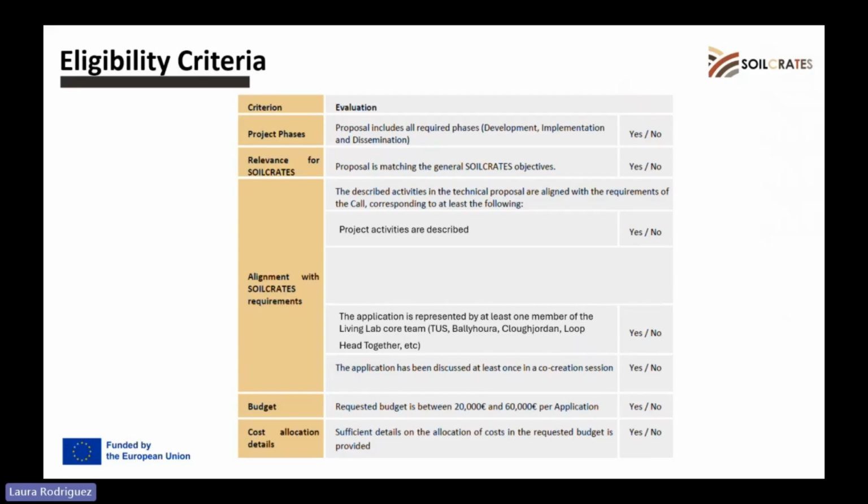Your application has to be represented by at least one member of the Living Lab core team, so TOOS, Ballyhora, Clock Jordan, Loophead, and so on. And the application has to be discussed in at least one co-creation session. The requested budget, once again, is between 20,000 and 60,000 euro, and you have to provide sufficient details on the allocation of costs in your requested budget.